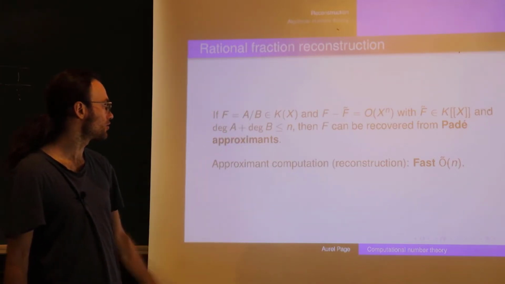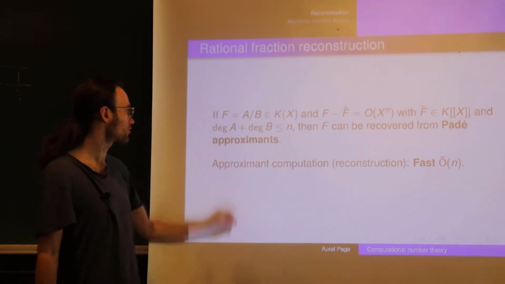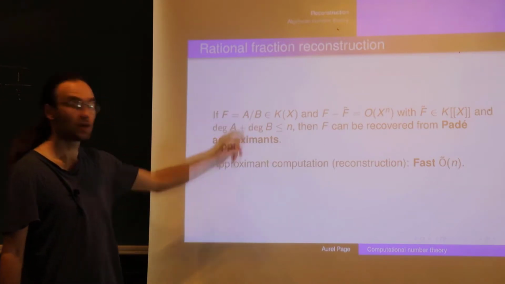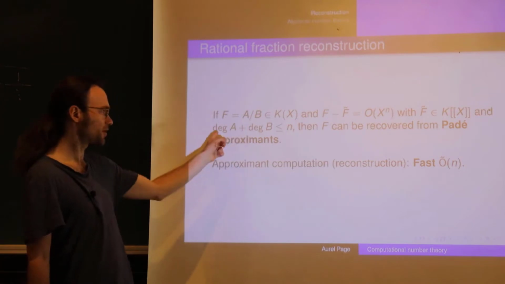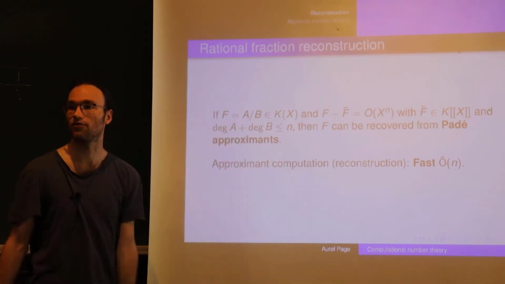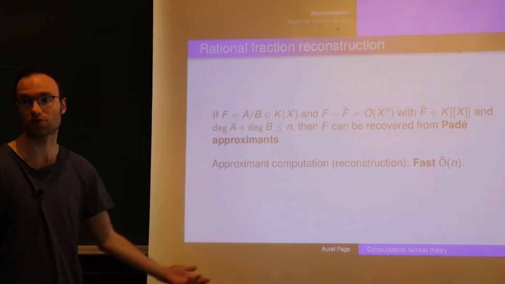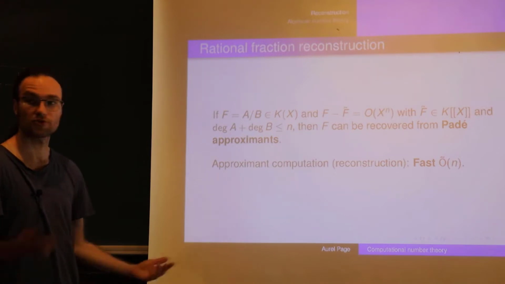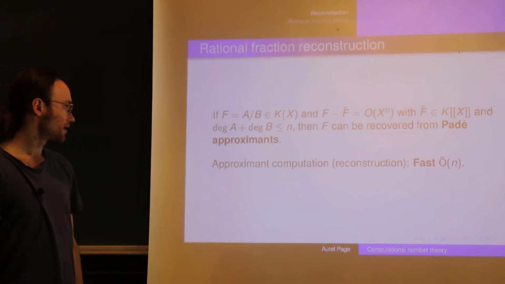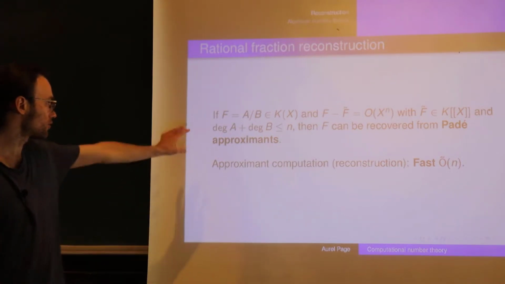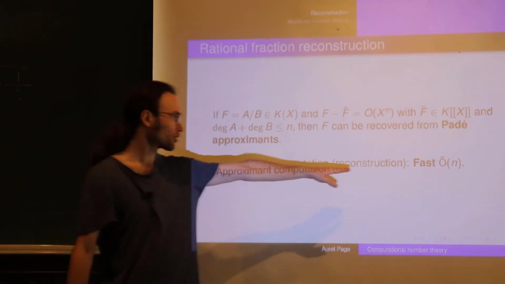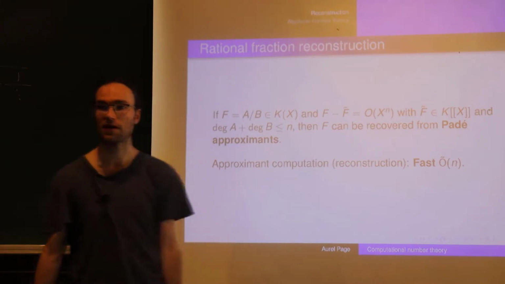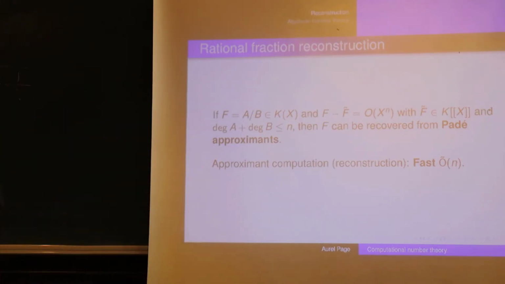And in this case, you know that it's possible to reconstruct a rational fraction as long as the number of terms that you have is bigger than the sum of the degrees of numerator and denominator. This is what you expect in terms of number of coefficients. And this is called Padé approximants. And there are also quasi-linear algorithms to compute these Padé approximants. So this is also a reconstruction that you can do quickly.